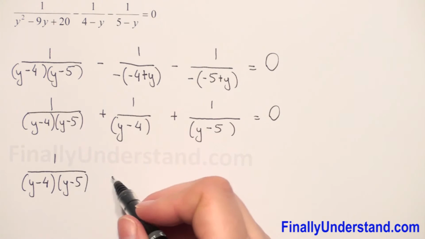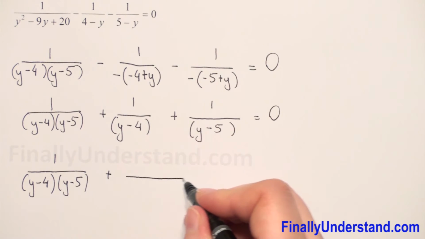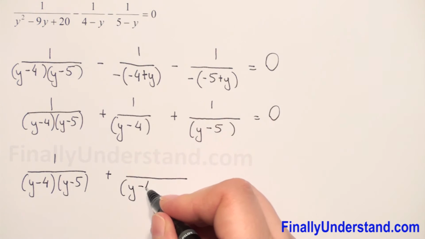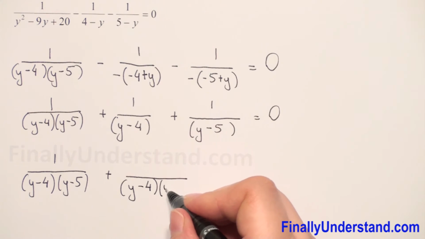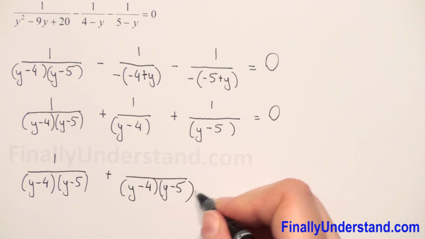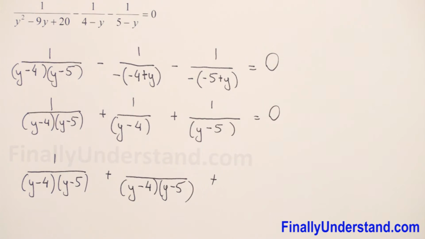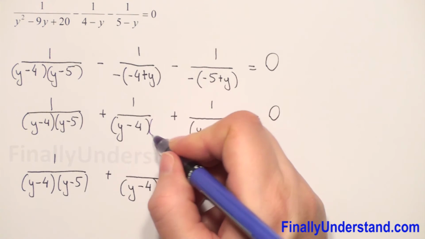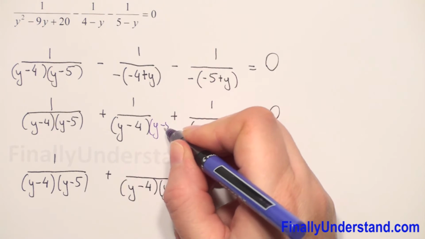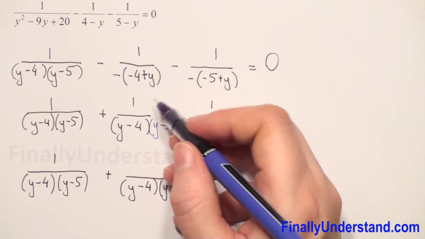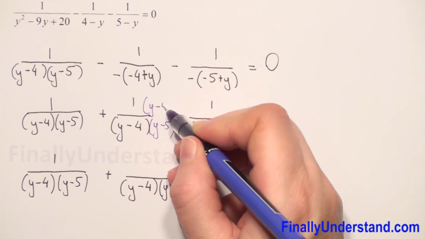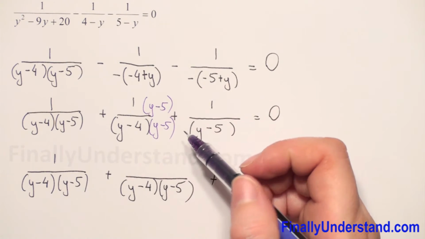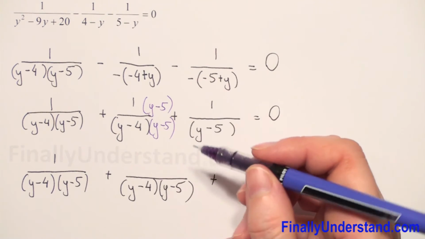The first fraction stays the same. The second, we need to have in the denominator y minus 4 times y minus 5. We have only y minus 4 at the beginning, so we need to multiply by y minus 5. Denominators, so the numerator we have to multiply also by y minus 5.